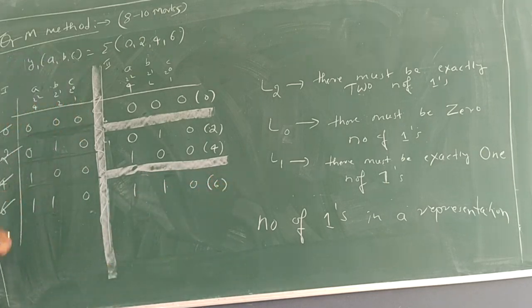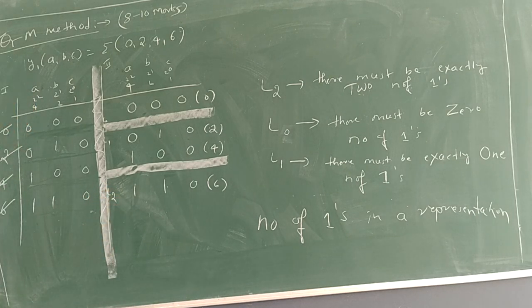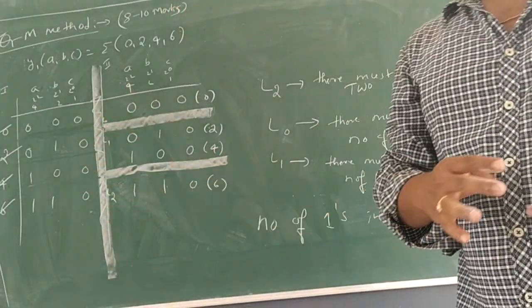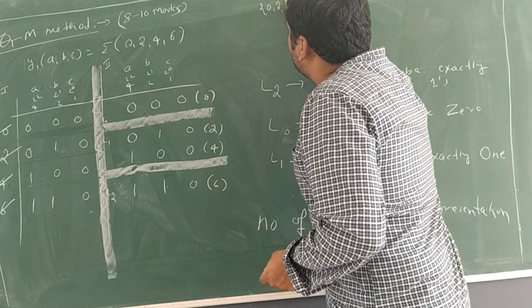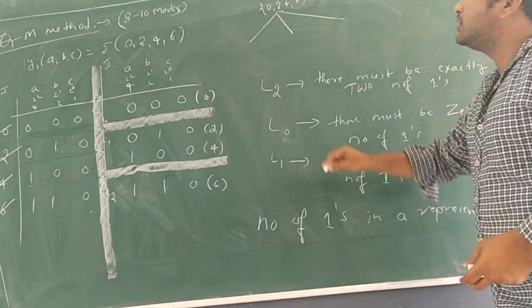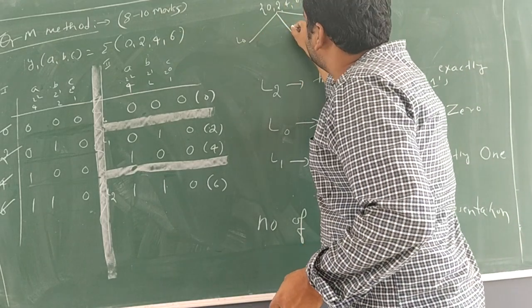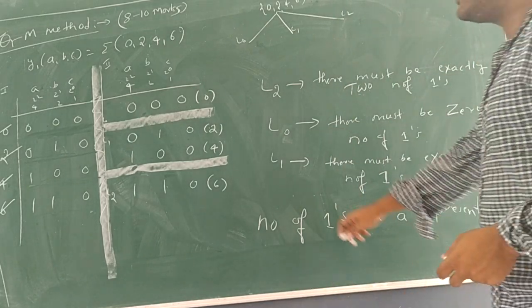So that belongs to L2. Now we have divided into 3 subsets. Earlier the problem consisted of 4 values: 0, 2, 4, 6. Now we have the L0 set, L1 set and L2 set. What is the definition of L0?